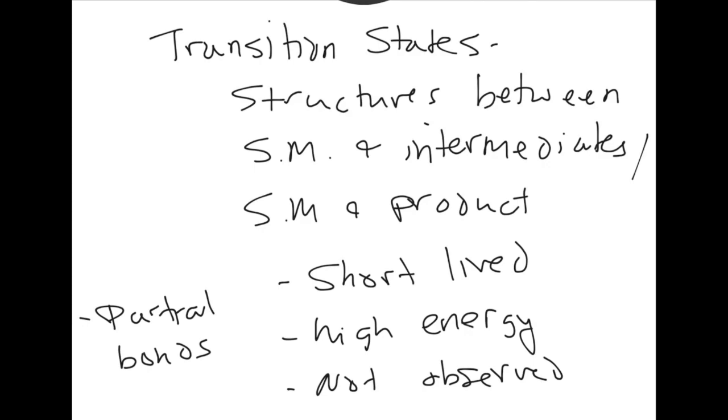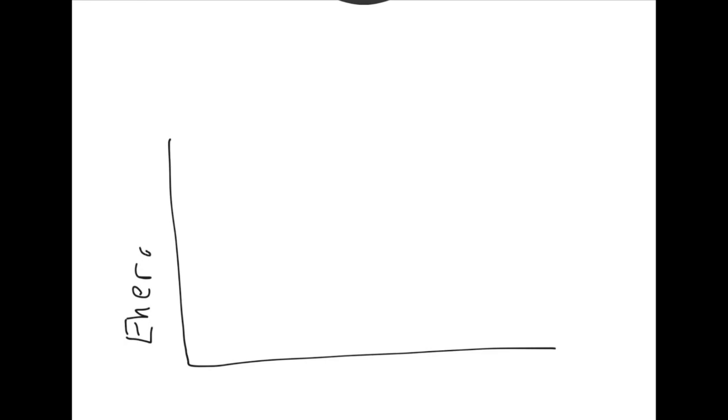Right? So let's draw the reaction coordinate diagram for this first reaction that we have here. You have a reaction coordinate diagram. The y-axis is energy. The x-axis is reaction progress.